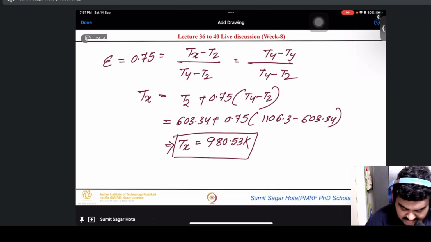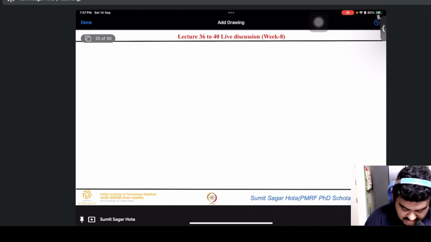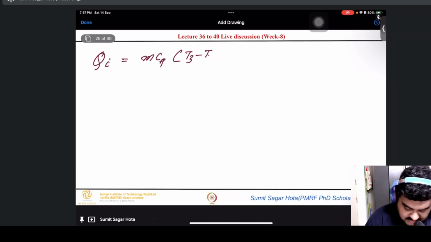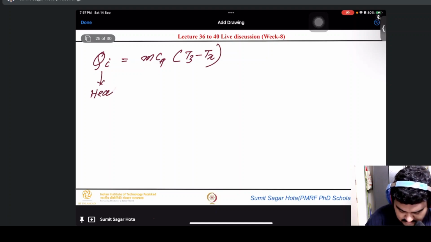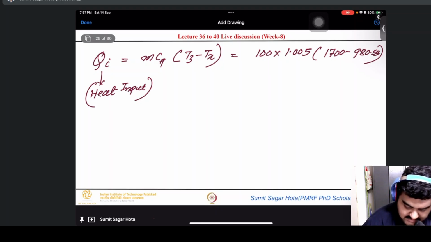Now you have Tx, so you can find the heat input, m cp delta T, T3 minus Tx, equal to 100 into 1.005 into 1700 minus 980.53.